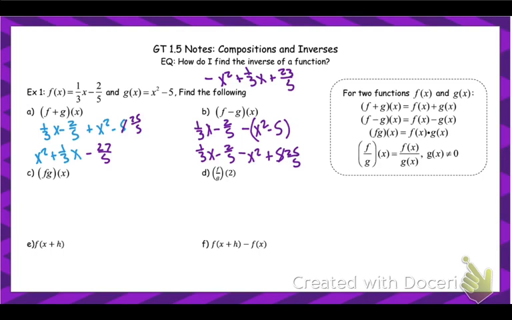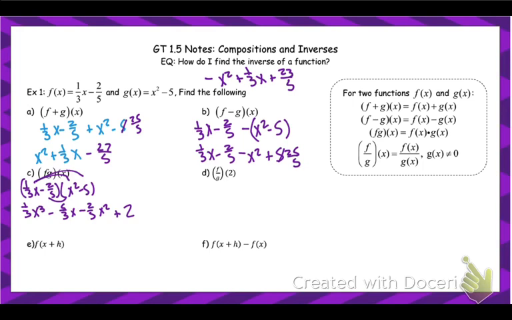All right, f times g of x, we're multiplying these two functions together. So 1/3 x minus 2/5 times x squared minus 5. So we're going to FOIL this out. So 1/3 x times x squared would be 1/3 x cubed minus 5/3 x minus 2/5 x squared plus 10 over 5, which is just 2.